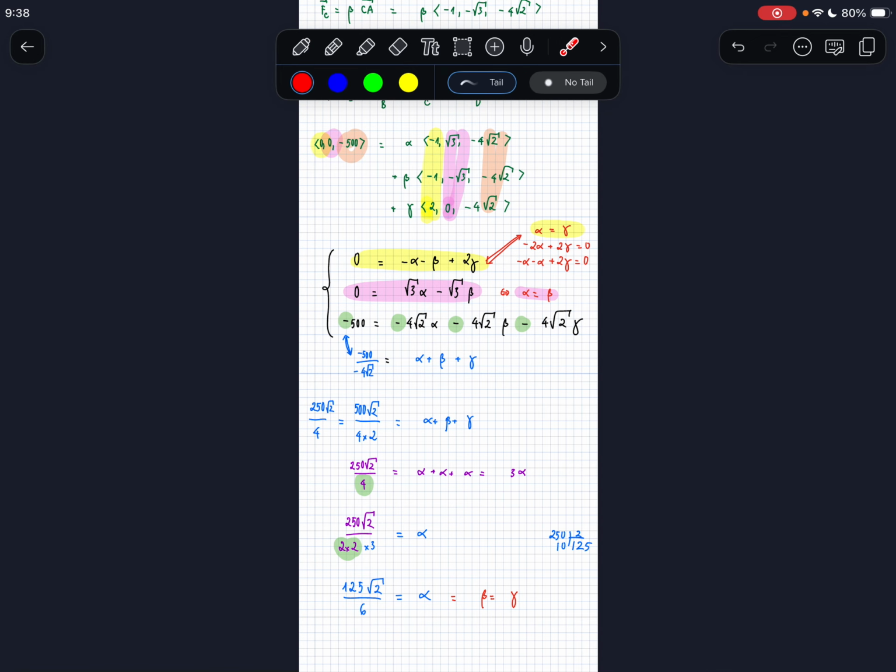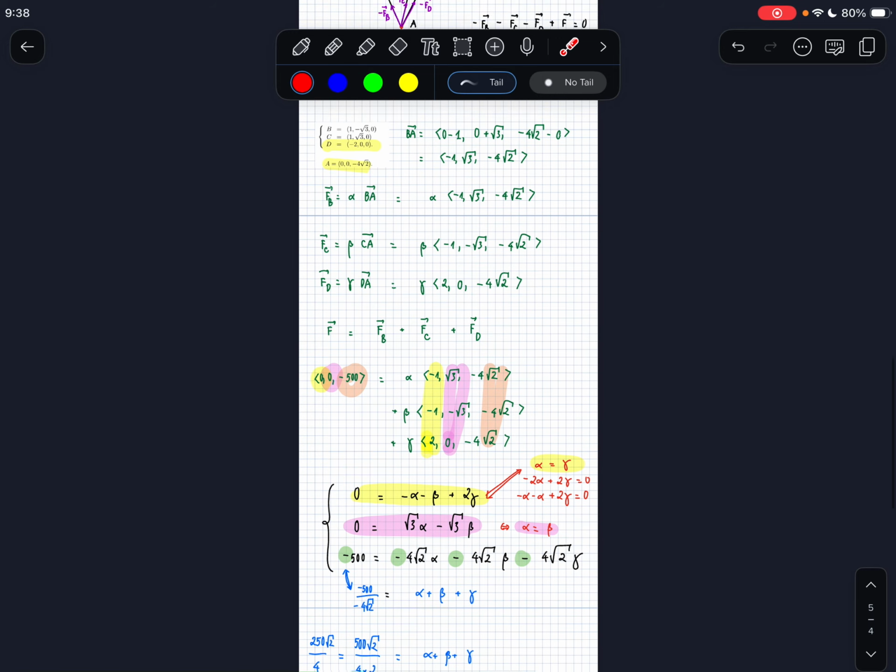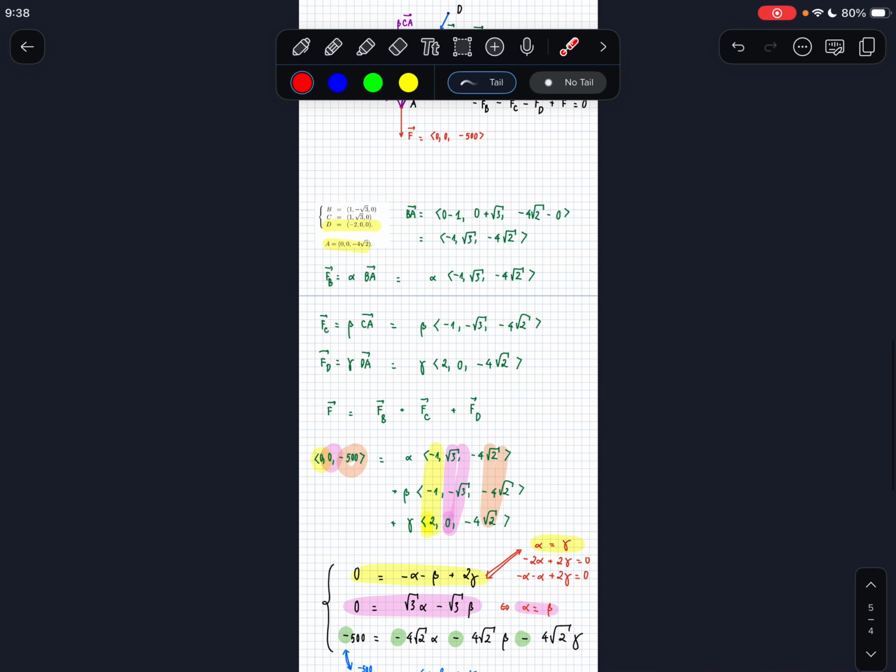Okay, sorry for my writing. You solve this linear system of equations, you get alpha, beta, gamma. They are all equal to 125 root 2 divided by 6. And with that, you have FB, FC, and FD.